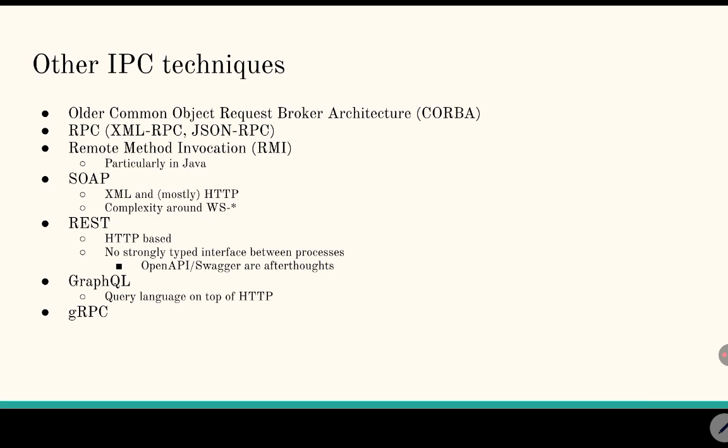So gRPC in general is a contract first approach. gRPC follows that, and there is no way that you can write a gRPC service without a contract, or without a protocol buffer. That's one thing. The other thing is it doesn't have the complexity of SOAP with a lot of other specifications.